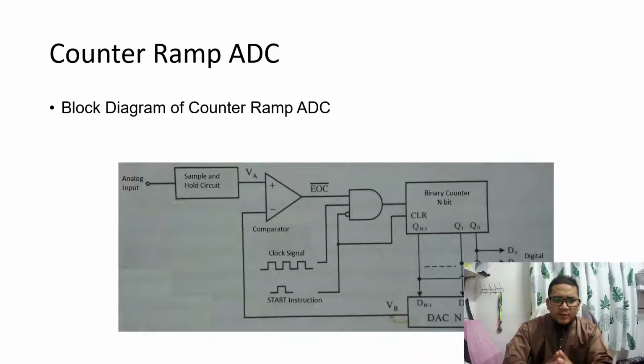Now we move to the counter ramp ADC. So this is the block diagram, okay, for the counter ramp ADC. So we have the gate here, we have the logic here, and then we have the comparator, the binary counter, and then the DAC and bit.